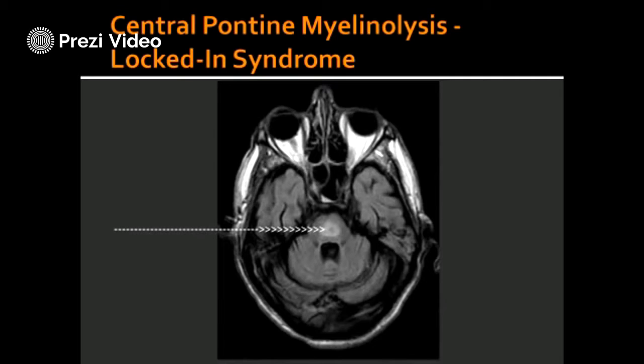It can cause locked-in syndrome, and there is massive axonal demyelination in the pontine white matter tracts. The cause is iatrogenic, which means physician-induced, caused by overly rapid correction of sodium levels. So when you correct hyponatremia very fast, central pontine myelinolysis can happen.